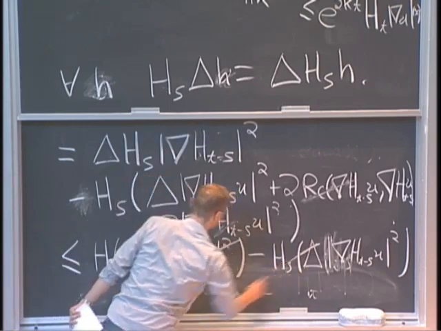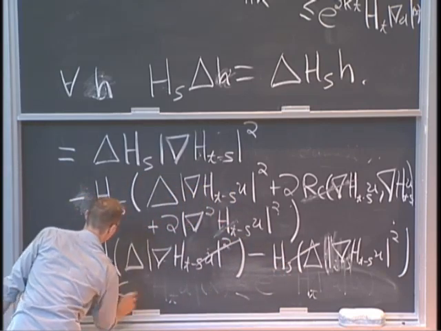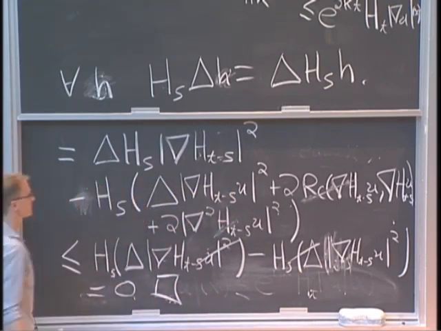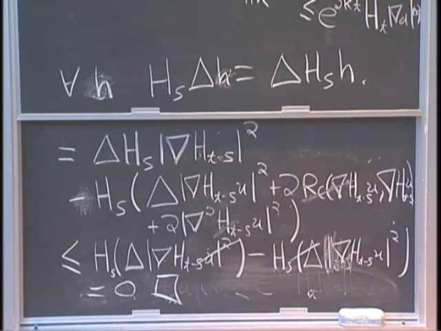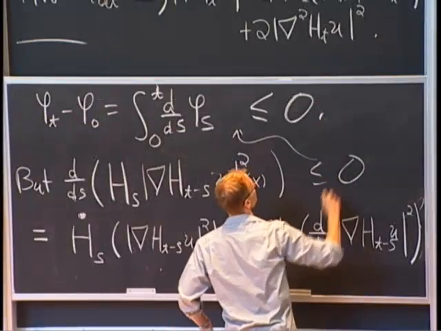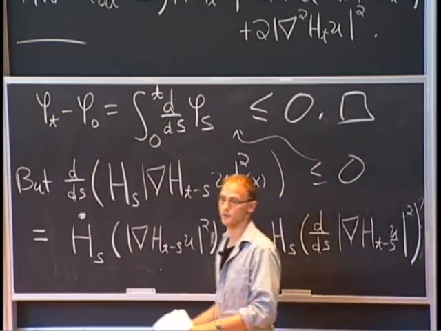Now, cancel, cancel, 0. So in other words, what we've shown when we bring this all the way back is that this is less than or equal to 0, which implies that this is less than or equal to 0, which completes the proof.